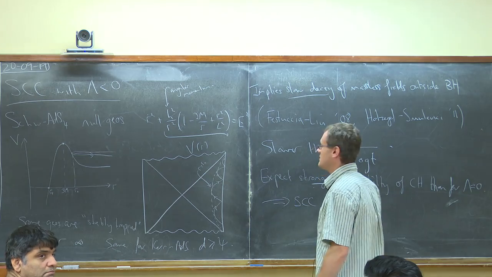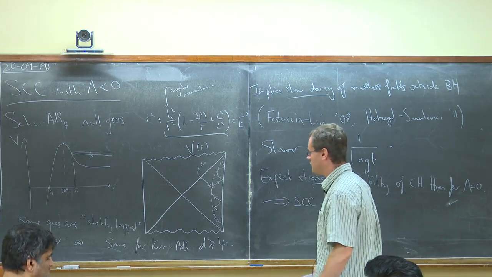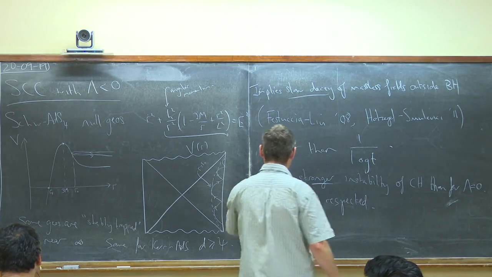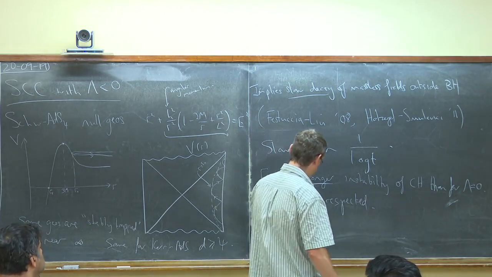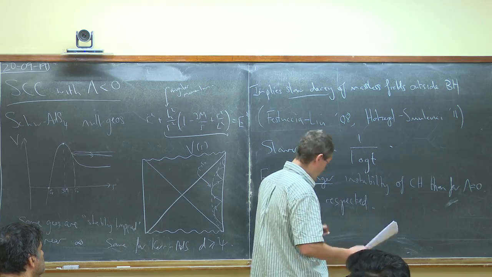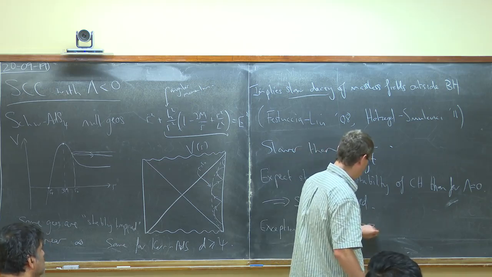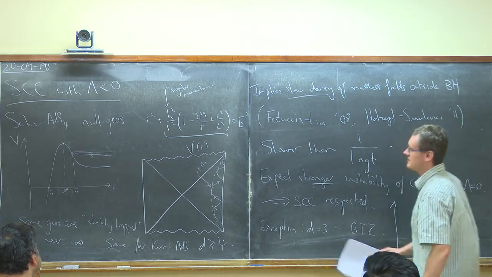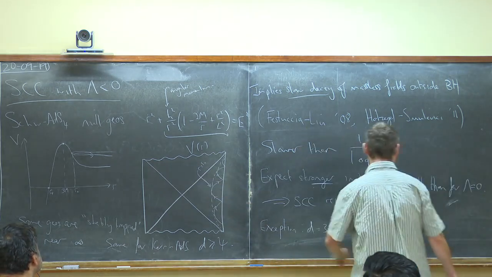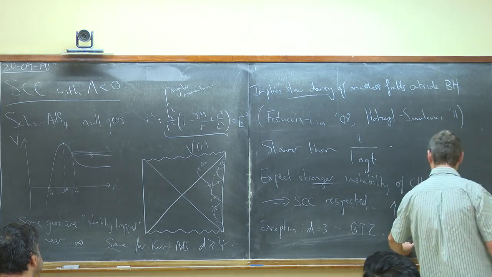So anyway, this was all for 4 or more dimensions, but there's an exception, which is 3 dimensions. When we have the BTZ black hole. Okay, so for this solution, if we look at the effective potential, it looks like this.